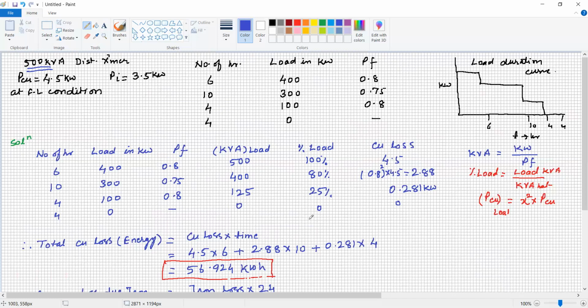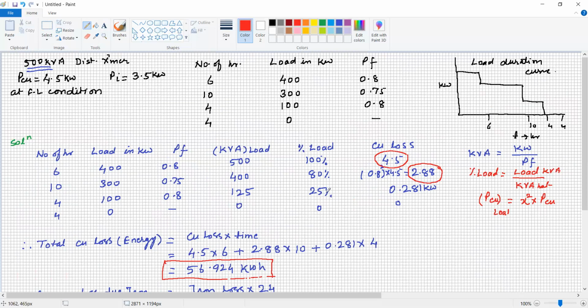Once the percentage load is calculated, we can calculate the copper losses at a particular load condition, where x is the fraction of load, squared, multiplied by the rated copper loss. So for the first case, at 100% load, the copper loss is 100%. When the load is 80%, the copper loss decreases to 2.88.